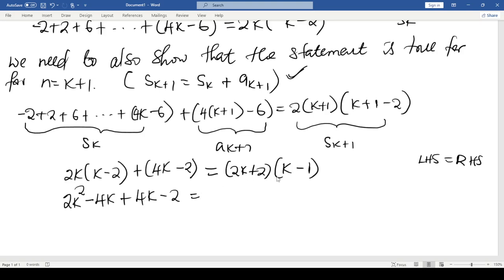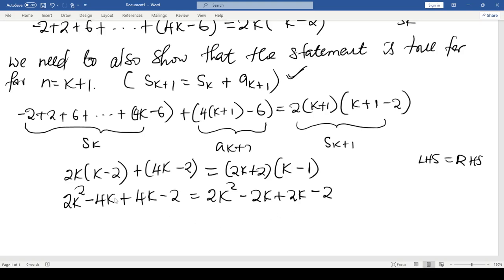let's check what we have this side. So 2 times this here, we're going to have 2k squared, this multiplied by that, we're going to have negative 2k, so plus 2k there, then this multiplied by this, we're going to have a negative 2.